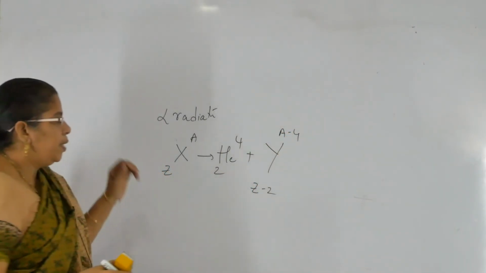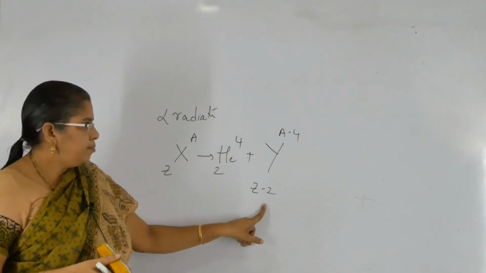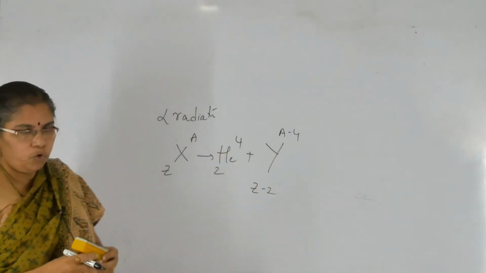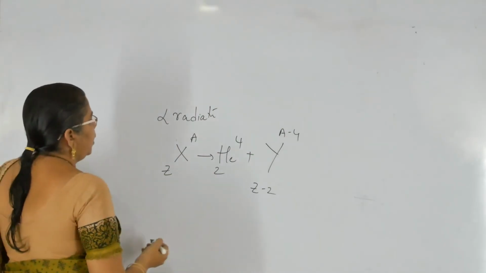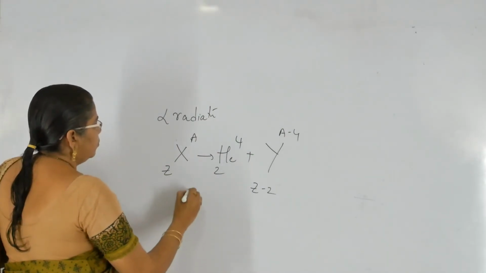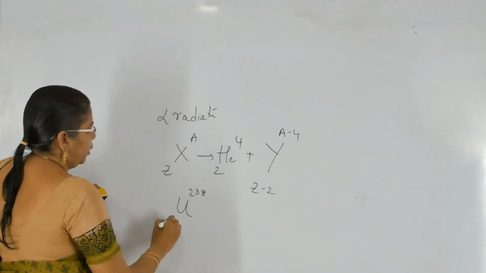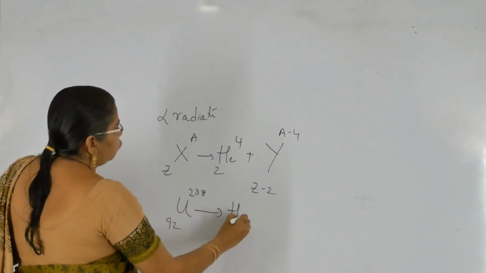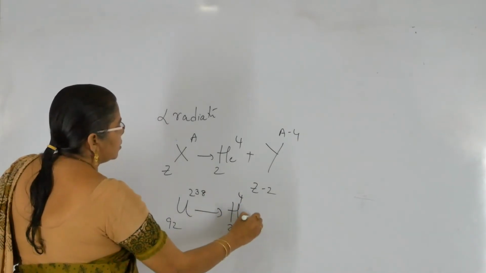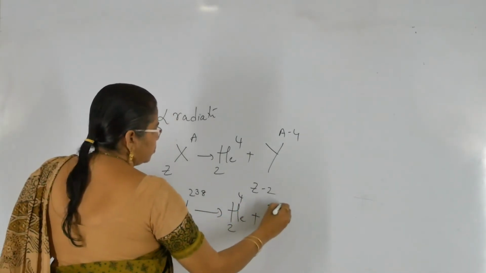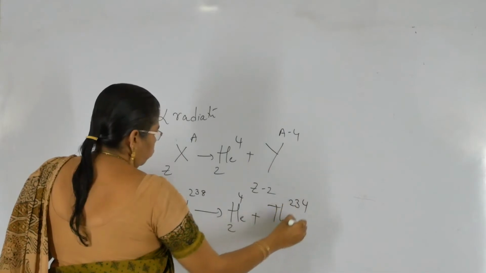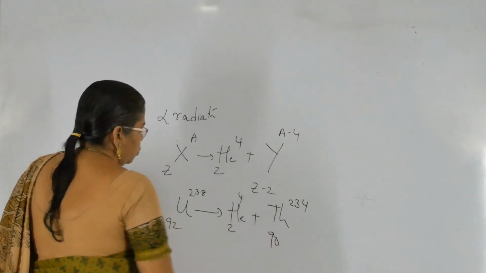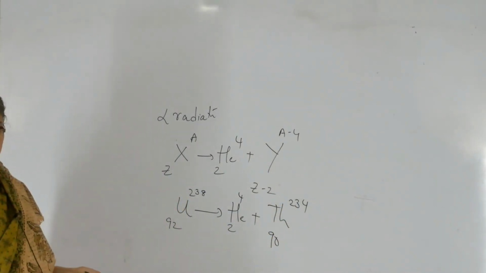That means the atomic number decreases by 2 and the mass number decreases by 4. For example, uranium-238-92 gives He-4-2 plus thorium-234-90. This is how alpha radiation takes place.